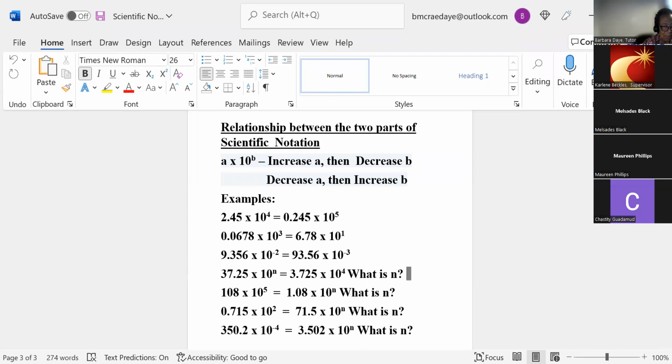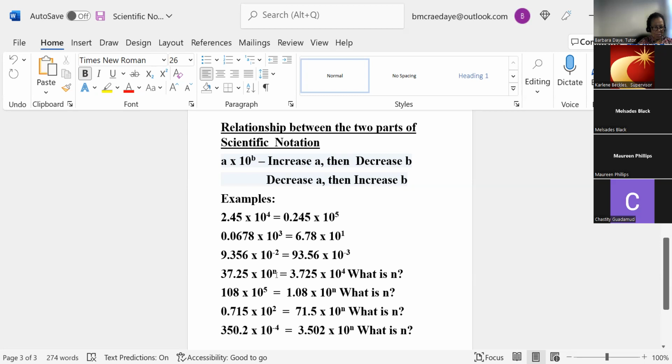Hold on. We're going from 37.25 times, what's the number there? Is it a number or the letter at the 10? Yeah, right here, N. Okay.